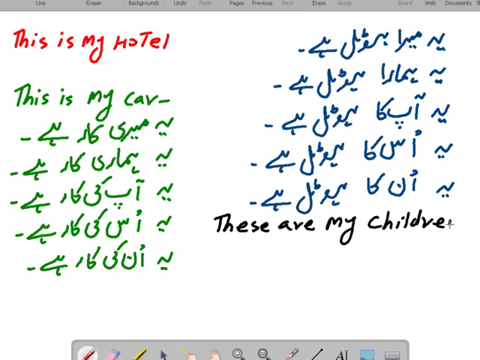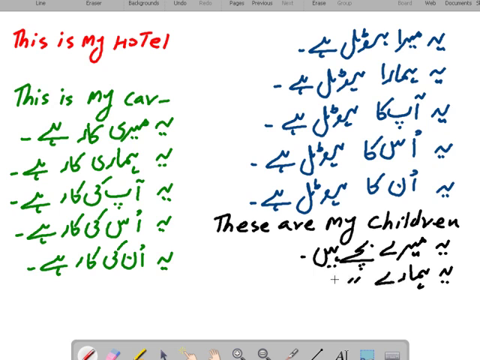These are my children. So we'll say ये मेरे बच्चे हैं. These are our children. Our mean हमारे, ये हमारे बच्चे हैं.